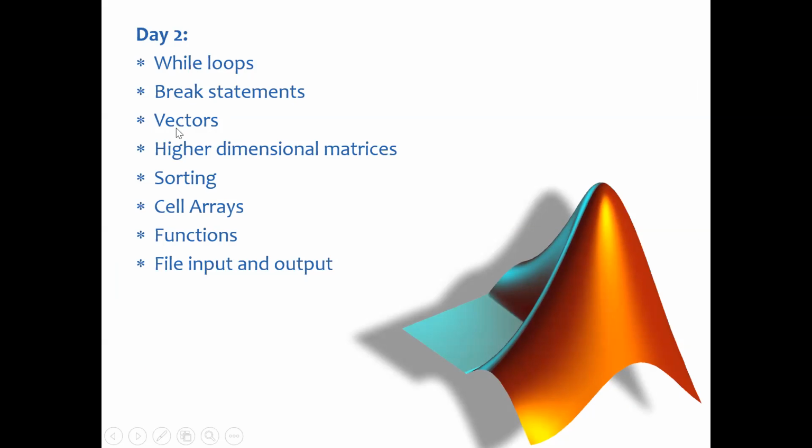We talked about vectors and high-dimensional matrices and how to sort them. The more complex data structure is a cell, which is a composite of many different kinds of data. And lastly, we talked about how to define and use functions, and how to import from external files and pass the output. That's what we have learned so far.